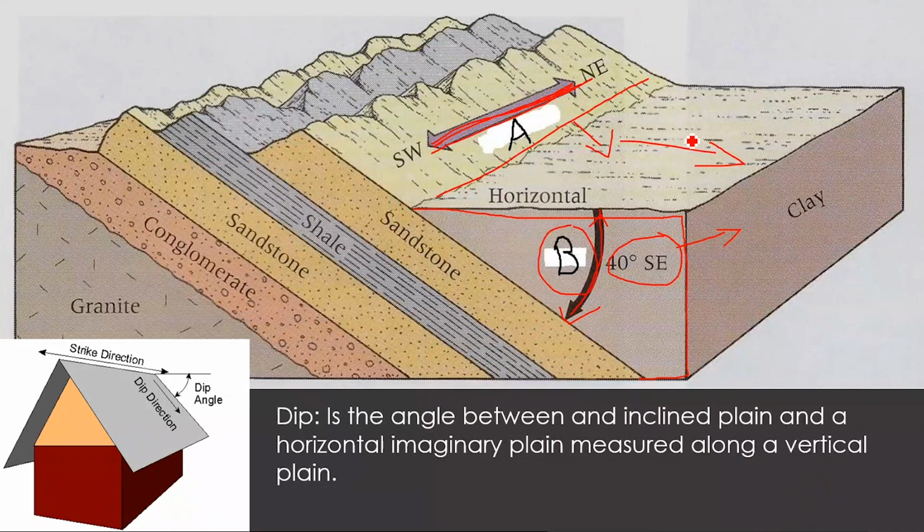So the direction of dip may be anywhere between 0 to 360, and the amount of dip would be anywhere between 0 to 90. So dip will have two components: a direction and an amount. So this is dip and strike, and we call these parameters the attitude measured for a rock strata.